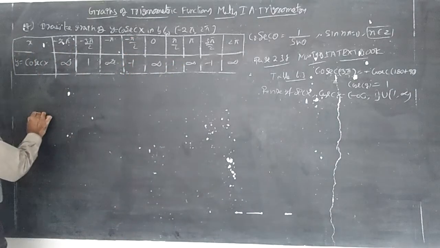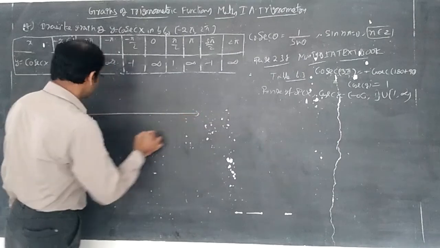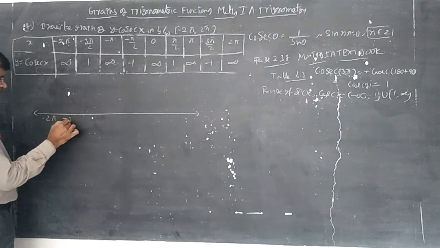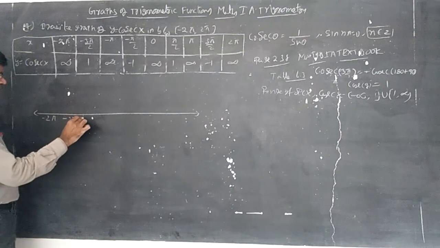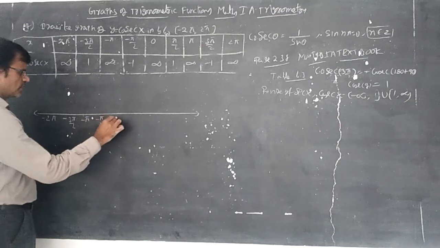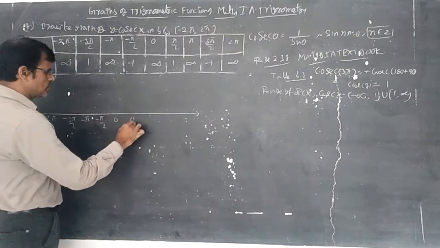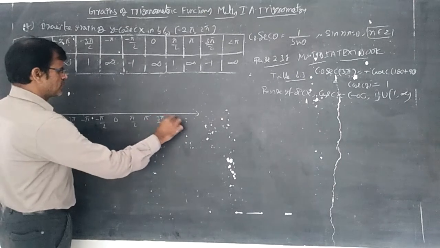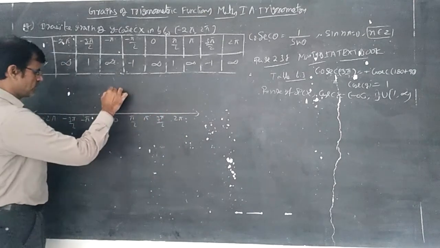Now draw the graph in the similar way as the secant x. Right, here minus 2 pi, minus 3 pi by 2, minus pi, minus pi by 2, 0, pi by 2, pi, 3 pi by 2, 2 pi.